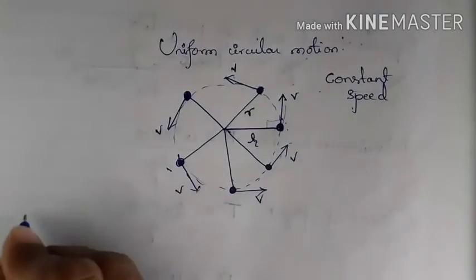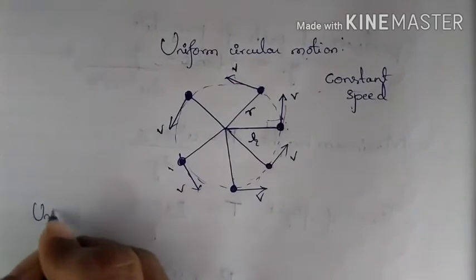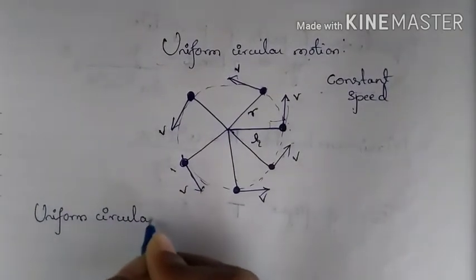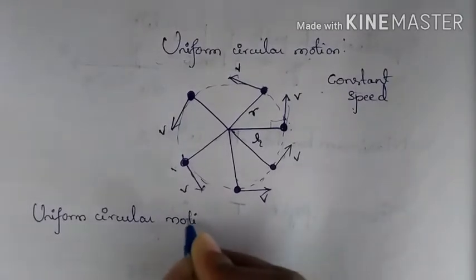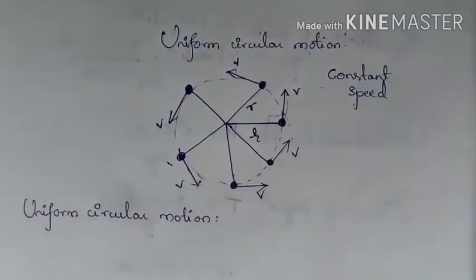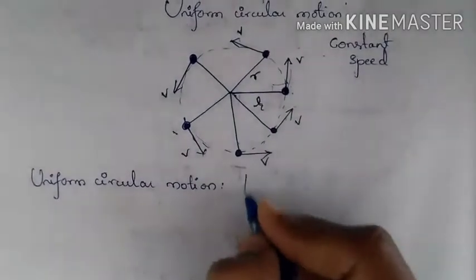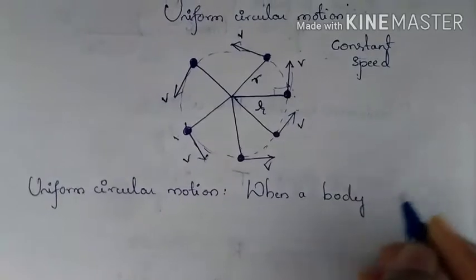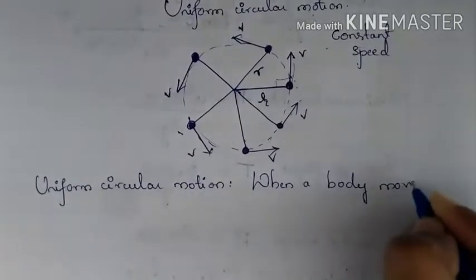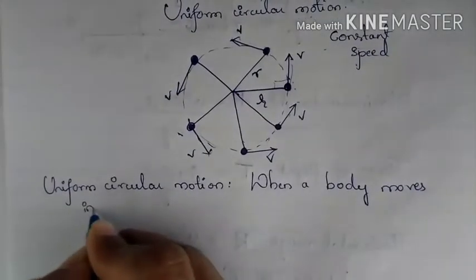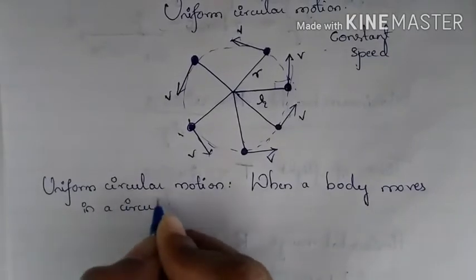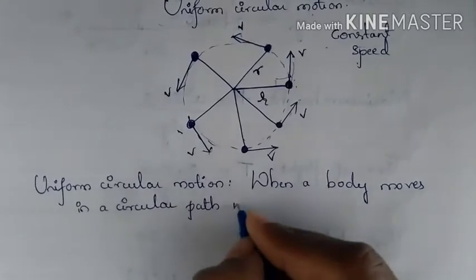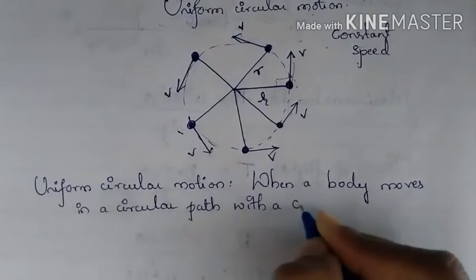Now if I write the definition for uniform circular motion, it can be written as: when a body moves in a circular path with a constant speed.